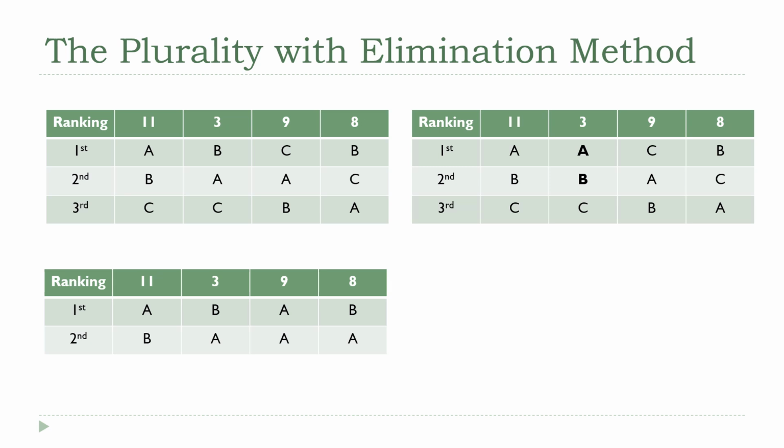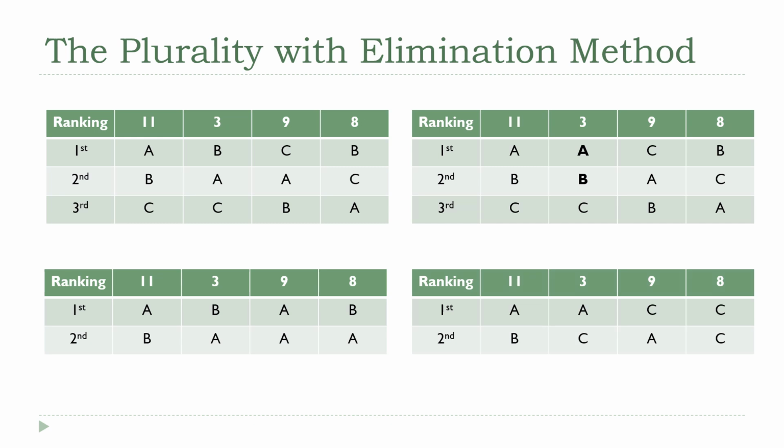Well, if you do that, the table becomes like this. And now the situation has changed. Now candidate B is the one with the lowest number of votes, so on this first round of eliminations, they're the ones that are going to get eliminated. And this is where we end up. Now candidate C has 17 votes to candidate A's 14.